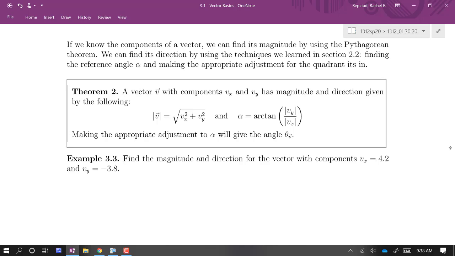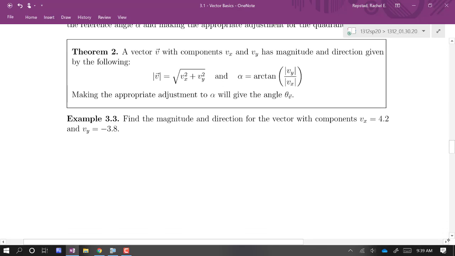So we have to be aware of what quadrant our vector is in. Go ahead and find that reference angle like we did last class when we were using the inverse functions to find angles. Find that reference angle, which is always in the first quadrant, and then say, okay, but I know I'm in quadrant 3, so I'm going to add this to 180. So let's find the components.